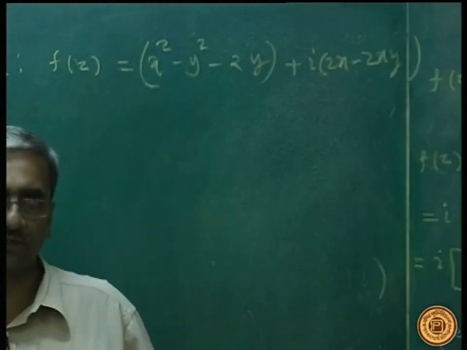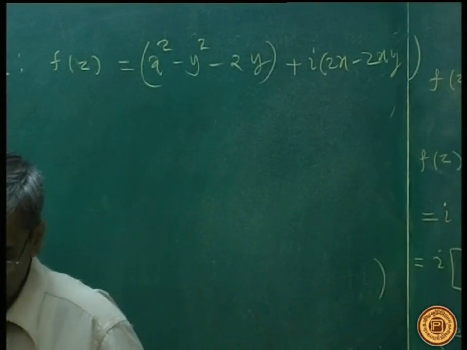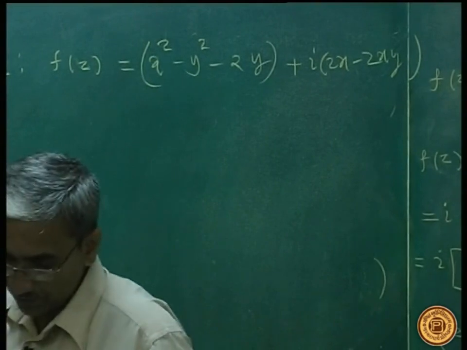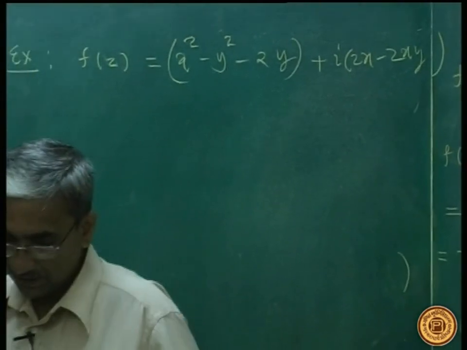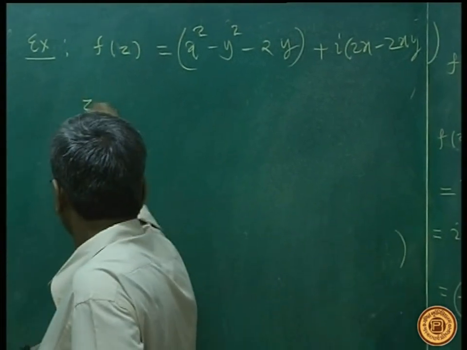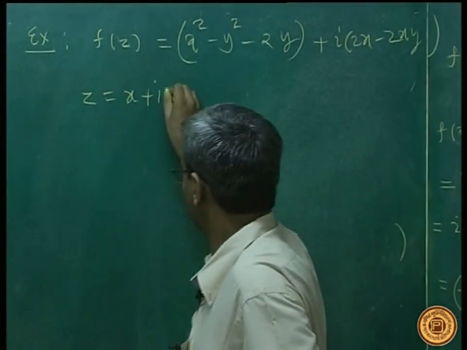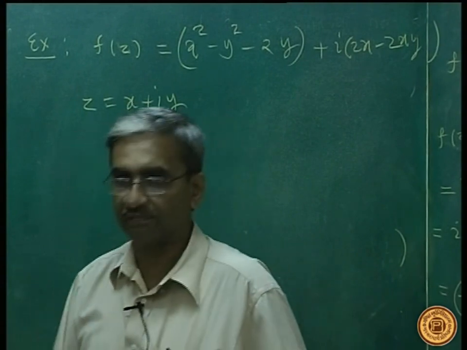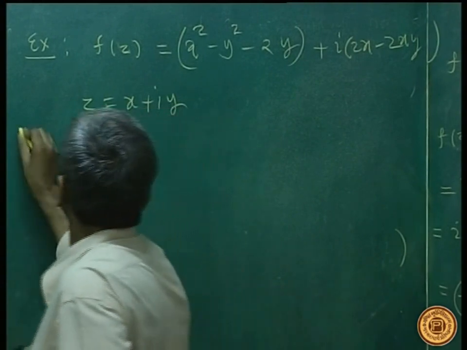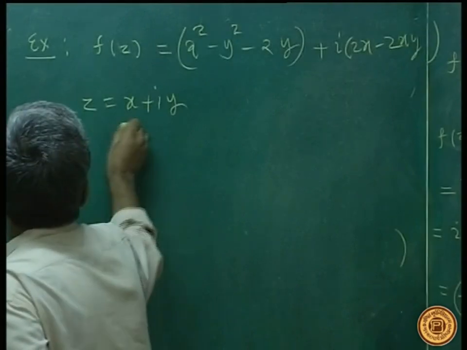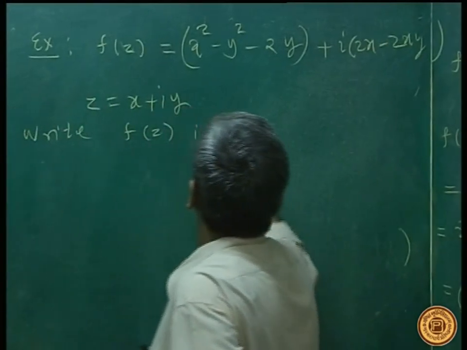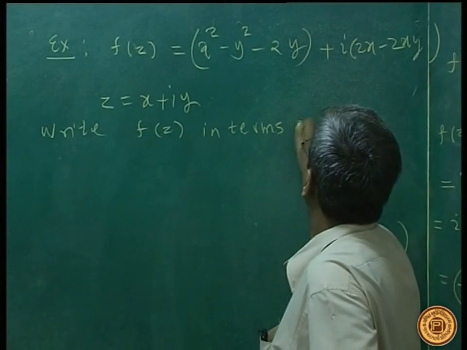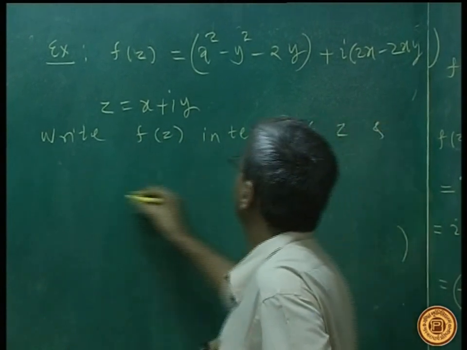You see the exercise on your screen, where z is equal to x plus iy. So z is x plus iy. Now write f(z) in terms of z and simplify.